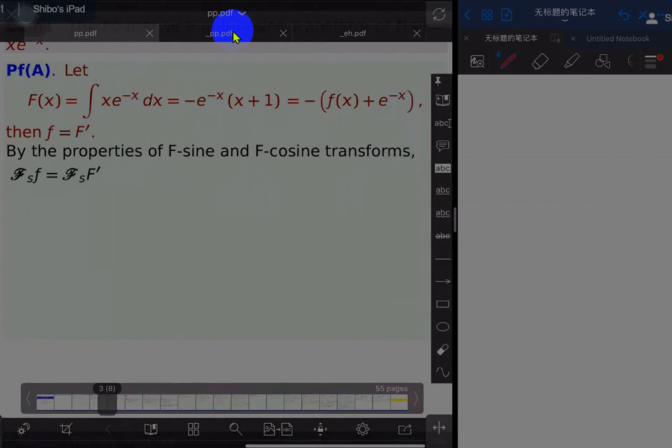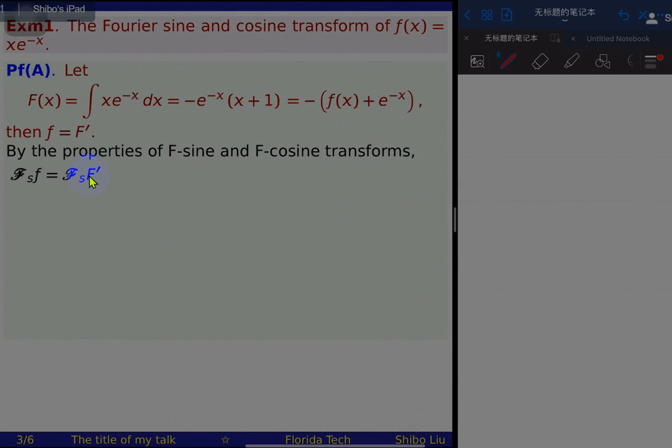Using this property, we see that Fourier sine applied to F prime equals minus alpha, Fourier cosine applied to capital F. But as we know, capital F is precisely minus f plus exponential. So the minus sign cancels.